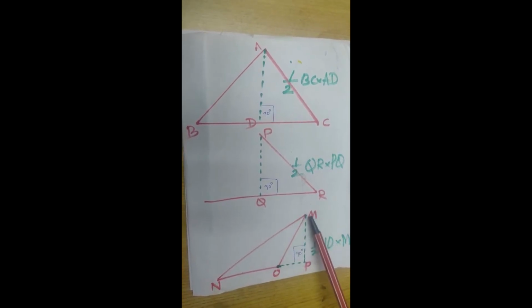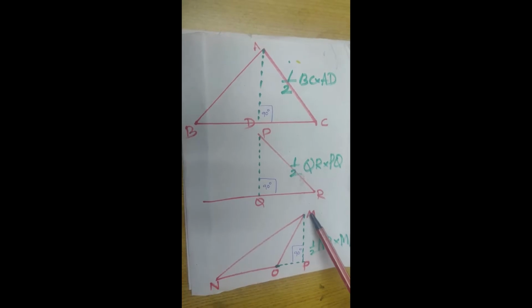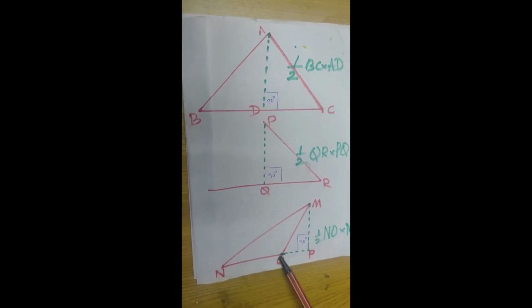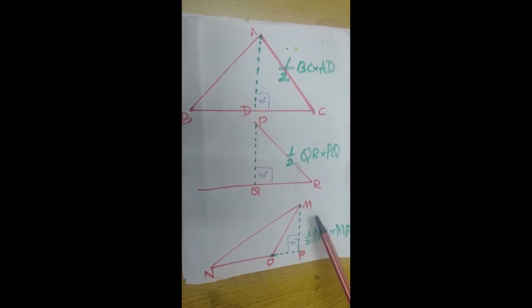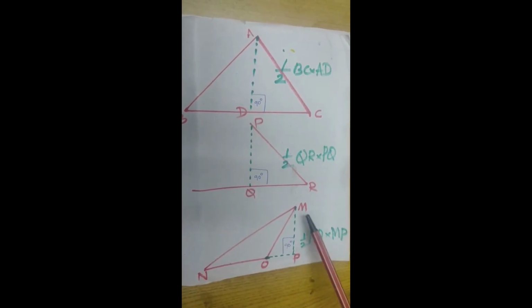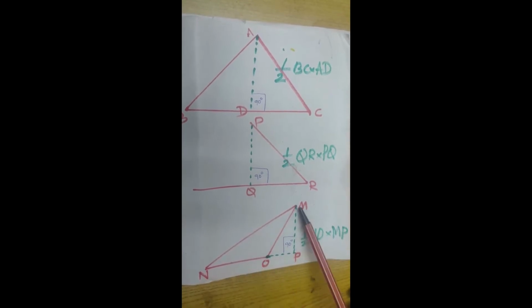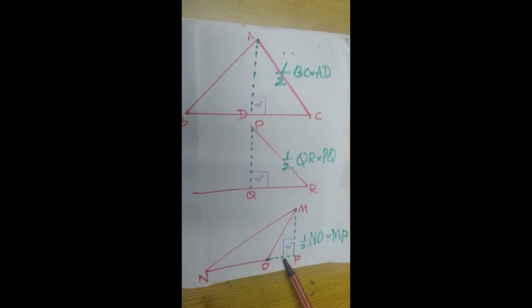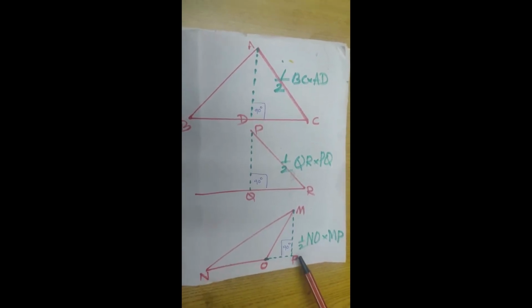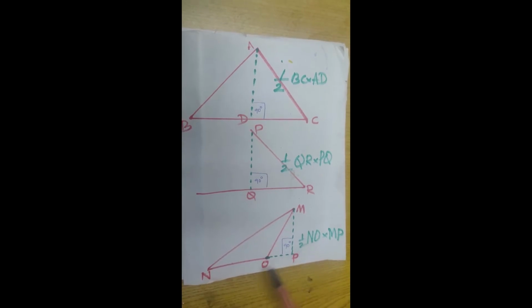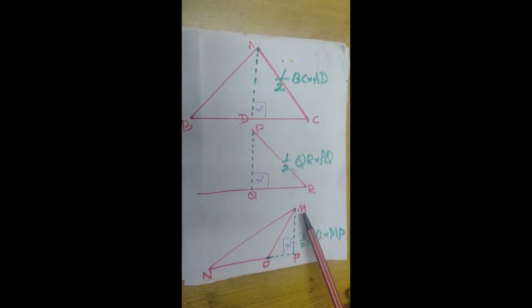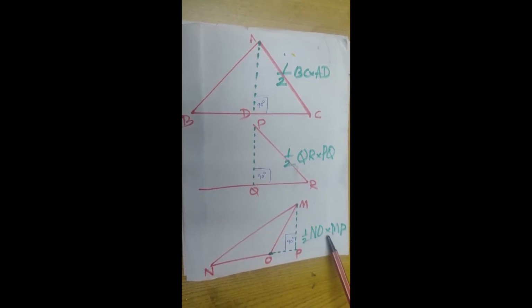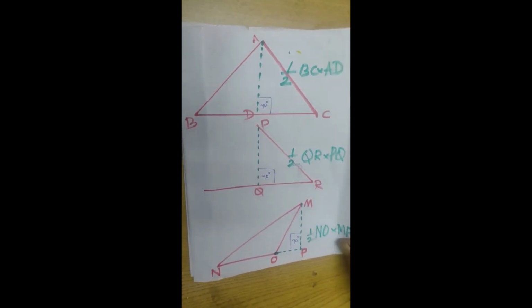Hence, one perpendicular distance is dropped from M so that the extended NO base meets at P. That is, MP is the height, the distance between the opposite vertex and the line NO extended up to P. Hence, its area is 1 by 2 base NO, height of the triangle MP, that is half NO into MP.